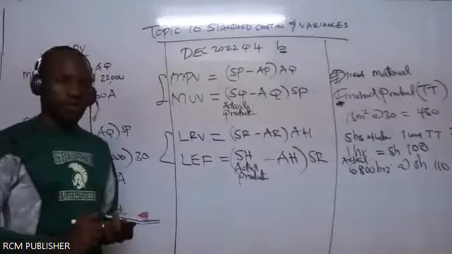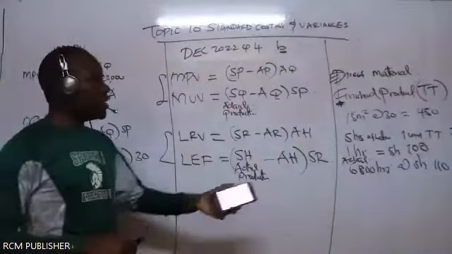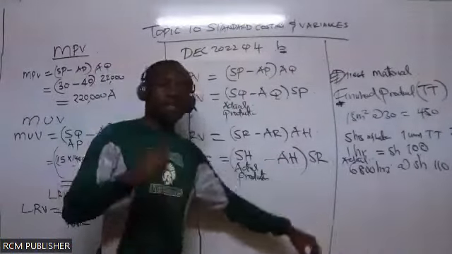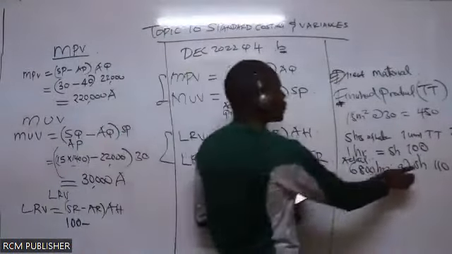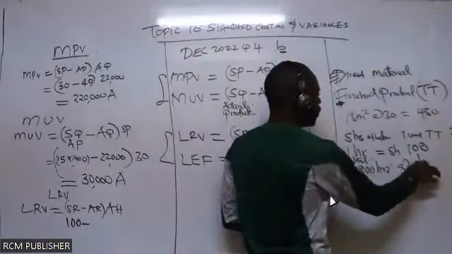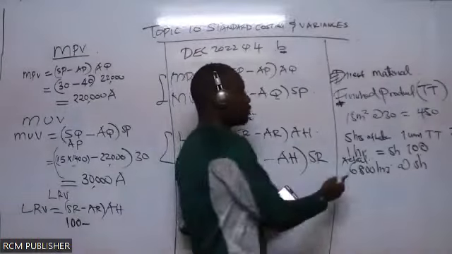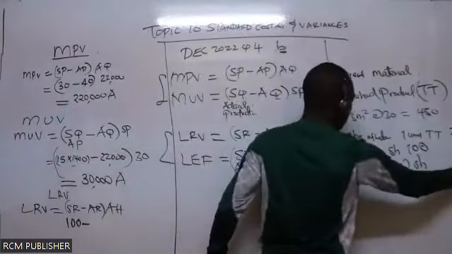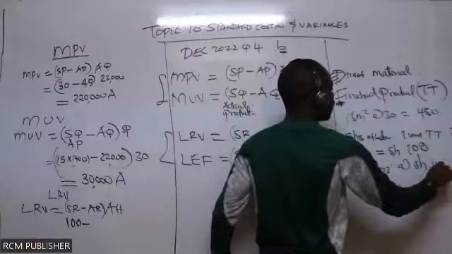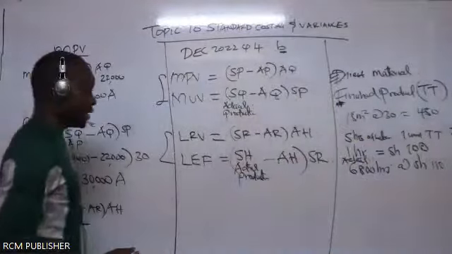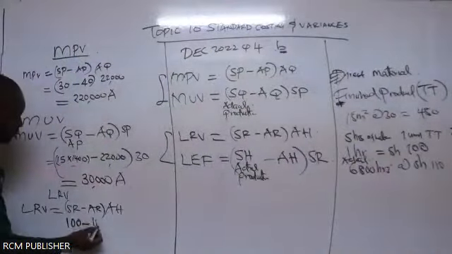In some questions it is going to be the same thing, but they don't give you this 110. They know very well you'll be able to calculate it, so they take 110, multiply by this, and give you the total figure. So it is upon you to know how to get the 110, which we should have here.